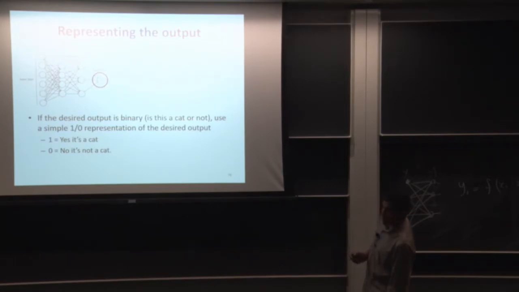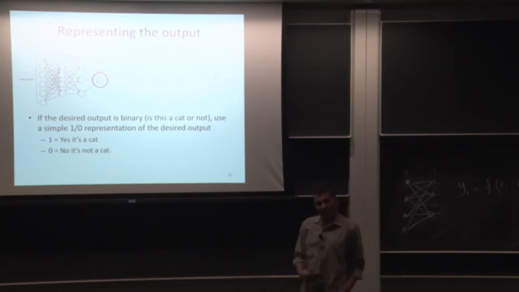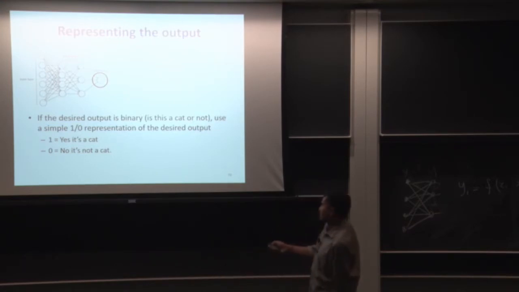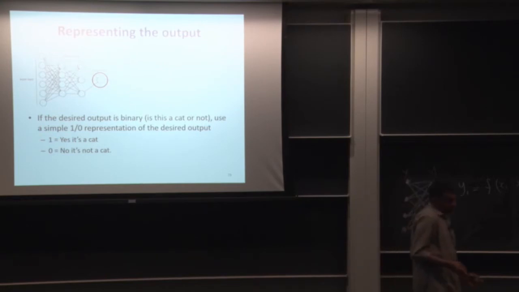But if the output is binary, let's say, is this a cat or is this not? Then you're going to have to convert them to two numbers, which means I'm going to assign the number 1 to cat and 0 to not cat. And this output unit is expected to have a binary output, either 0 or 1.